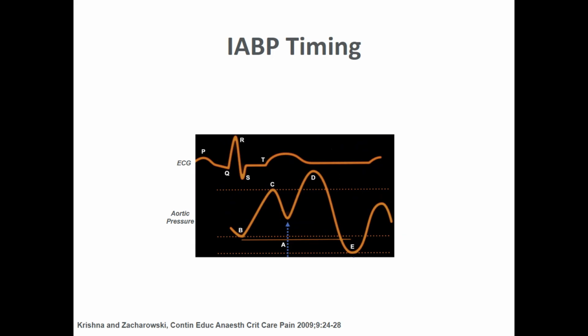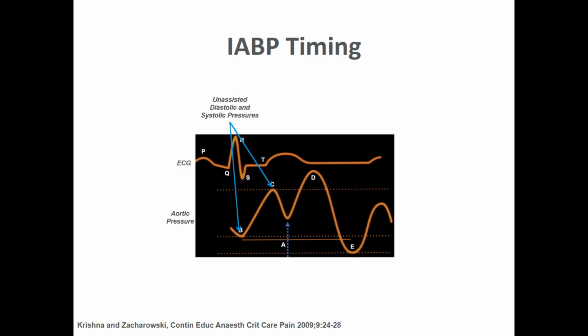Realize that when you have a balloon pump in place, the timing is critical. The device should inflate at the dicrotic notch to provide diastolic augmentation, marked D on the slide, and deflate at the beginning of systole to provide systolic unloading. And you see this at different places on this slide.